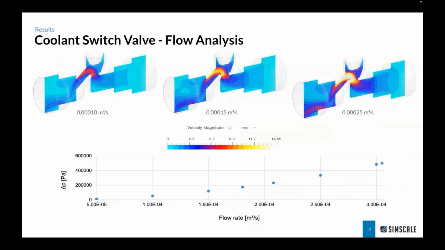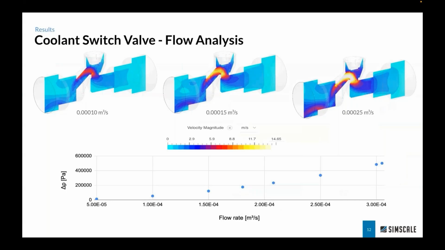Finally, let's take a look at the internal flow behavior through the valve. Here we set up a parametric flow experiment and 8 simulations took place in parallel, each with a different inlet flow rate. Again, thanks to cloud native simulation, these all completed very quickly without needing to queue them one after another.